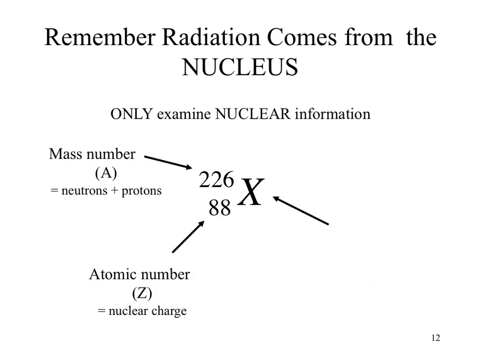So if we go through and take a look at this, what is atom X? Ra, also known as radium. Why would we pick that one?